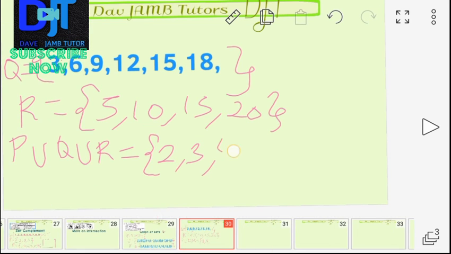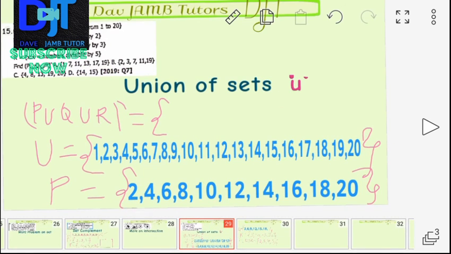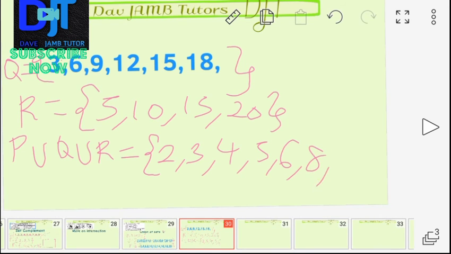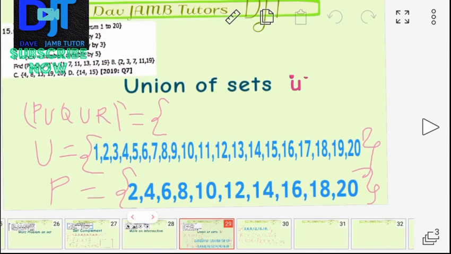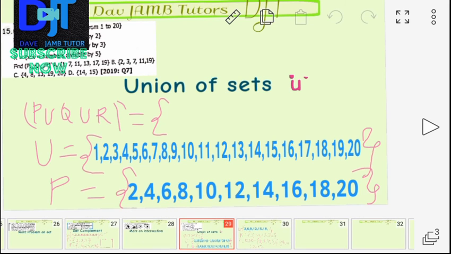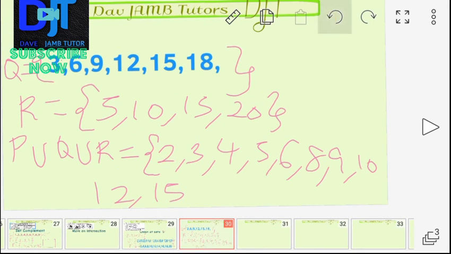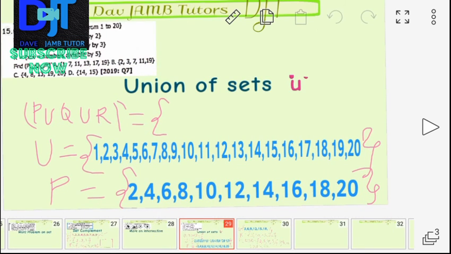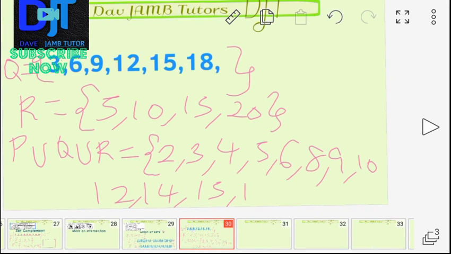So 2, 3, 4, 5, 6, 8, 9, 10, 12, 15. Oh, I've missed one. 12, 14, 15, 16, 18, and 20.